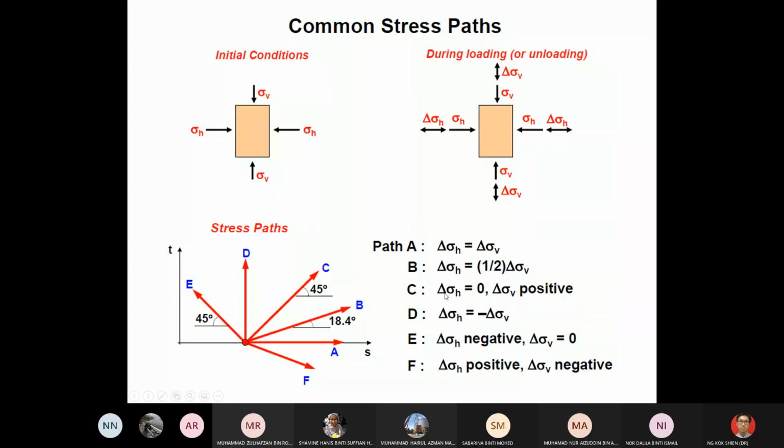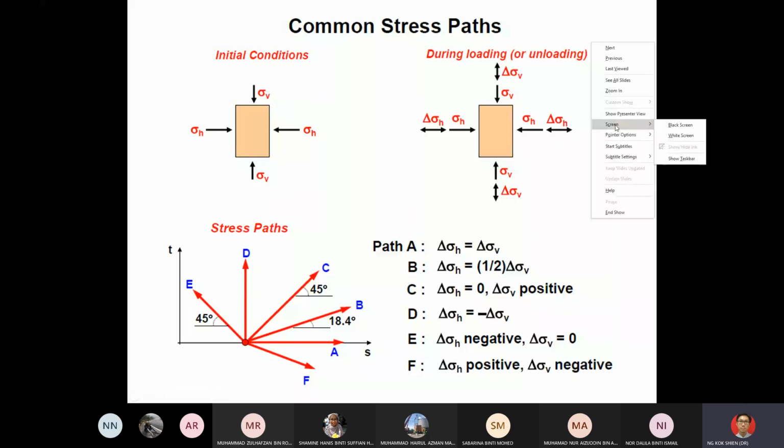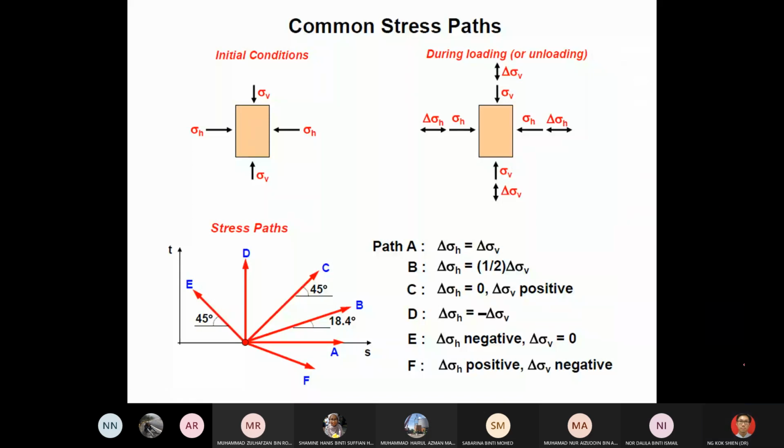Let's say we calculate, when delta sigma H equals 0, what is the delta T value? What is delta T?